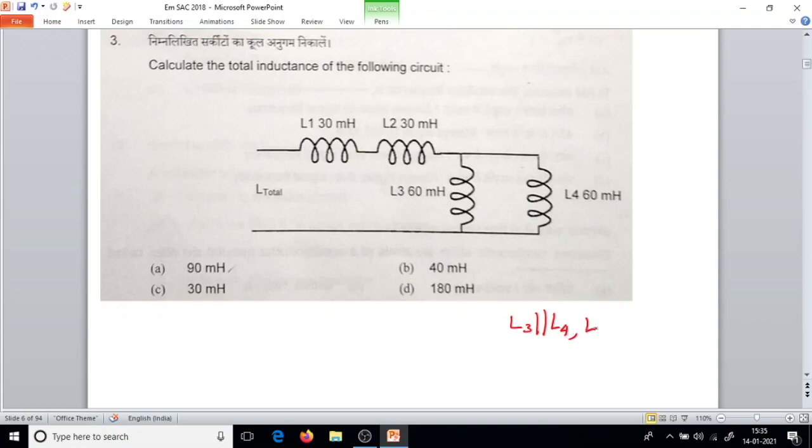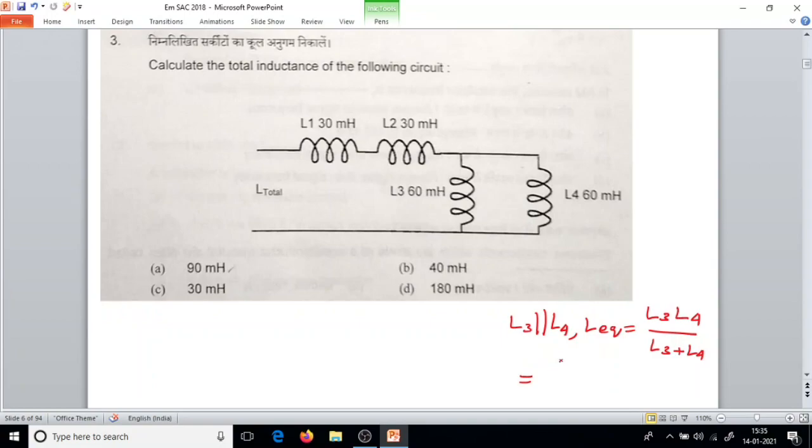For this, L equivalent equals L3 multiplied by L4 divided by L3 plus L4.